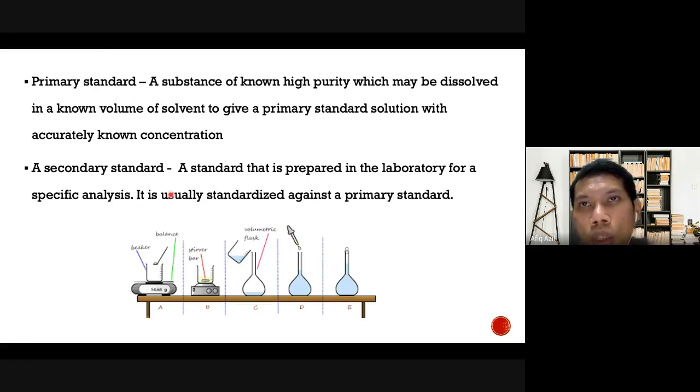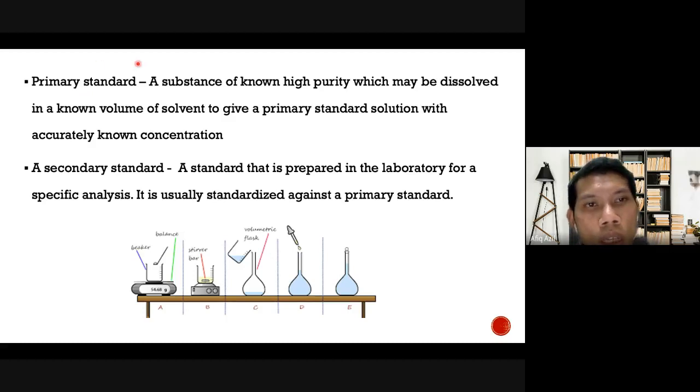That has to be noted, so that once you analyze the rest of the samples, the purity of the standard that you use can be calculated correctly.